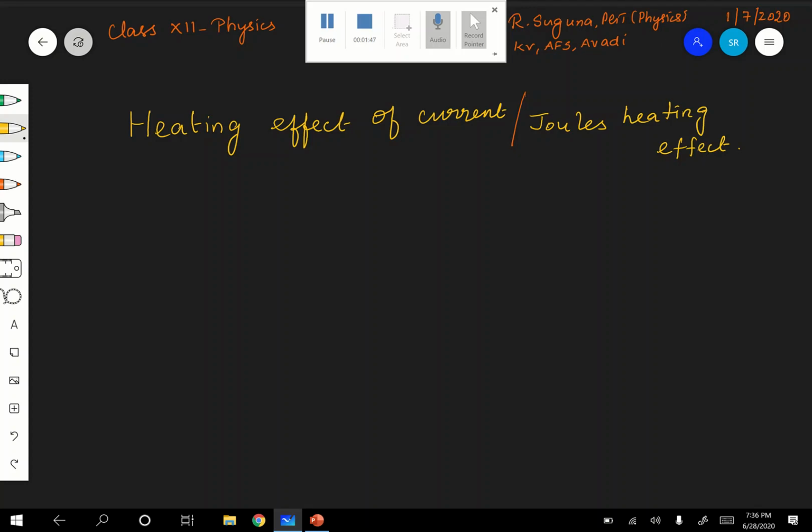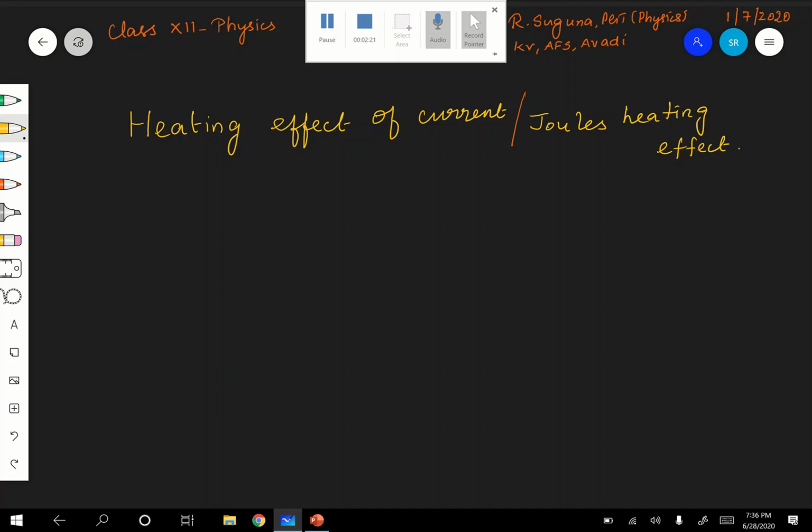Right from electric bulb, electric heater, geyser, immersion coil, iron box, electric furnace, and even the electric fuse. They all work on the principle of heating effect of current.